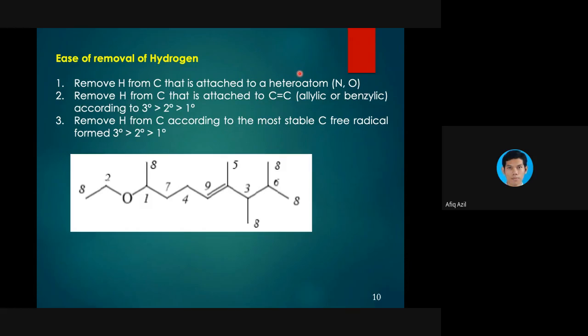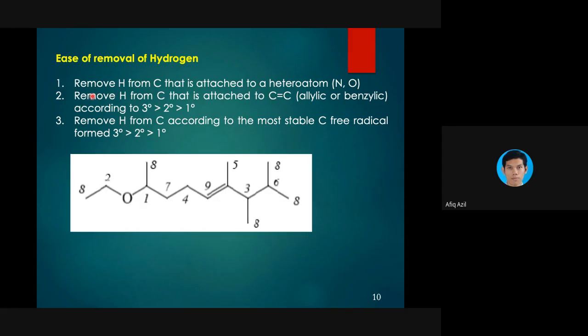A heteroatom is any other atom besides carbon and hydrogen, and it must be in the chain itself, not just substituents, like C double bond O or OH, for example. So it must be in the alkyl chain.